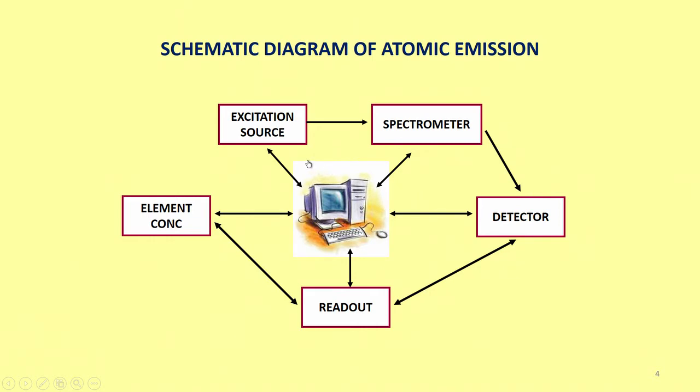So, this centralized computer will control the excitation source, it will control the excitation temperature, it will control the continuance of the plasma so that excitation becomes a continuous system, and it will control the spectrometer, what radiation should go into that, and it will control the detector, how much current comes out, how it should be amplified and how it should be presented.